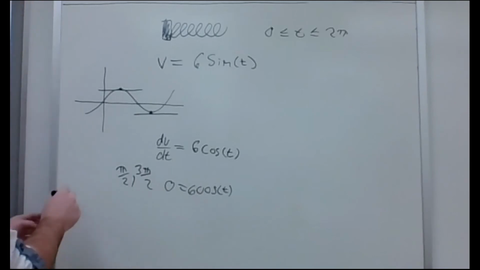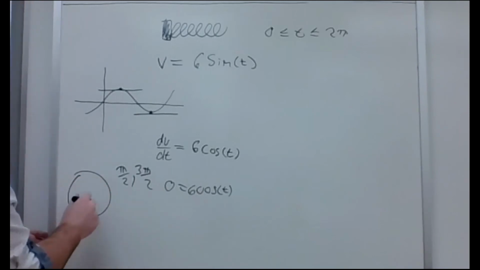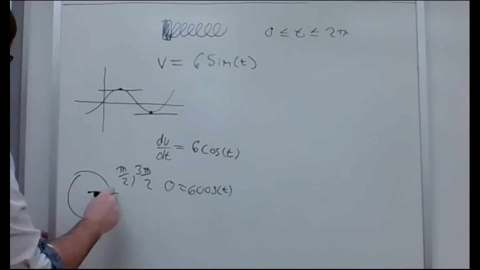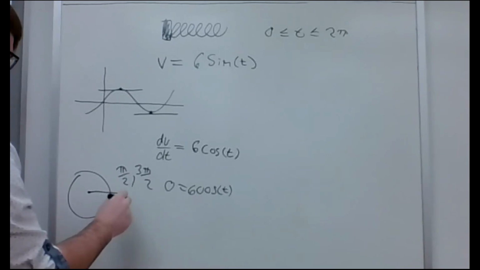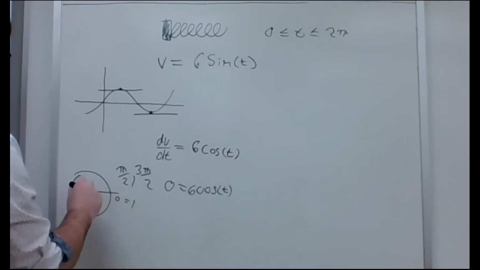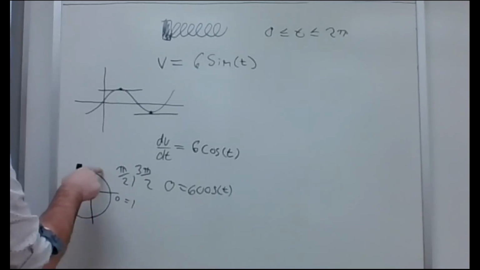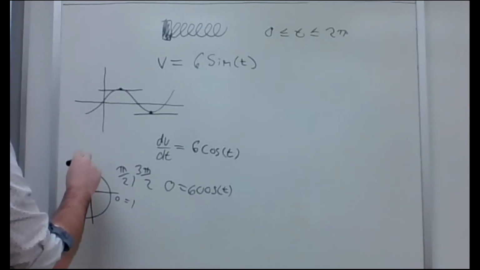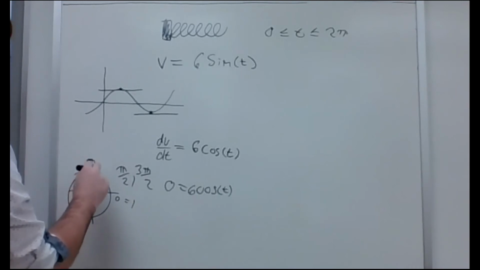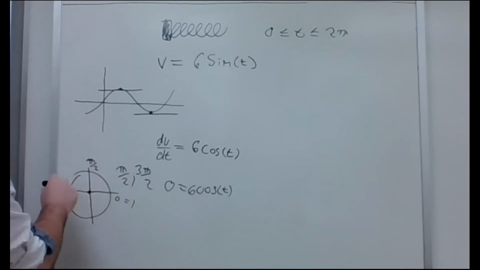So if you think about the unit circle, we have a circle, right? And cosine at 0 equals 1. And every half of a pi, so this would be pi halves, cosine is going to be 0, and at pi, it's going to be 1.